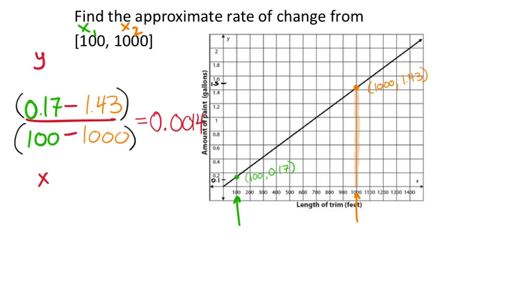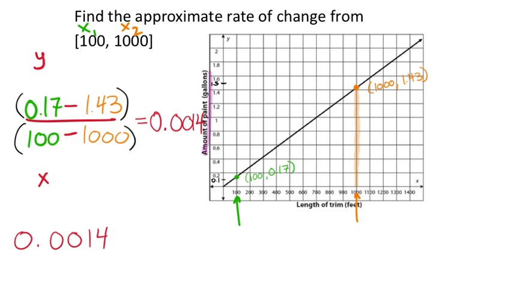Now, there's something else about this too, is that we do have labels for our x-axis and the y-axis. So we actually probably should label this. So I'm going to put it down here, 0.0014. Now it's always y's per x. So the y-axis is labeled for us right here. It's amount of paint in gallons.